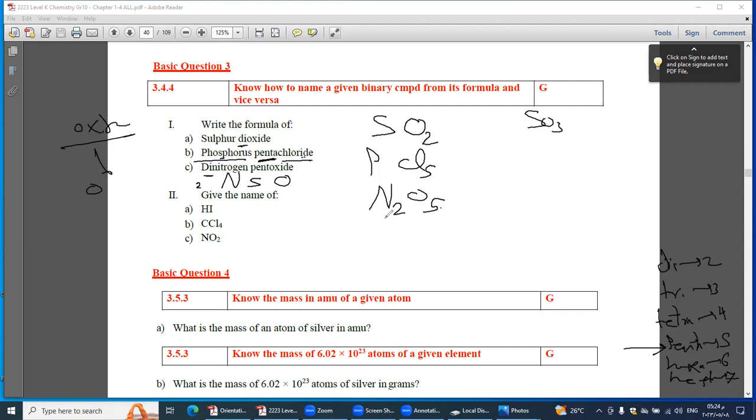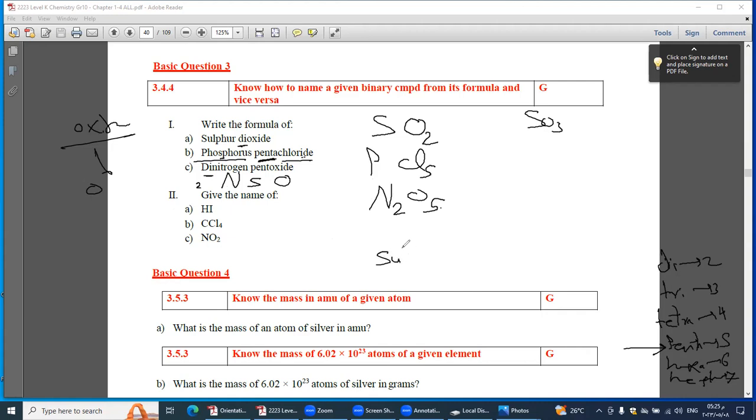Why? Because if we have any number here, it refers to the number of molecules. But here it refers to the formula, valency. So you must write the number after the element, not before. Dinitrogen pentoxide.